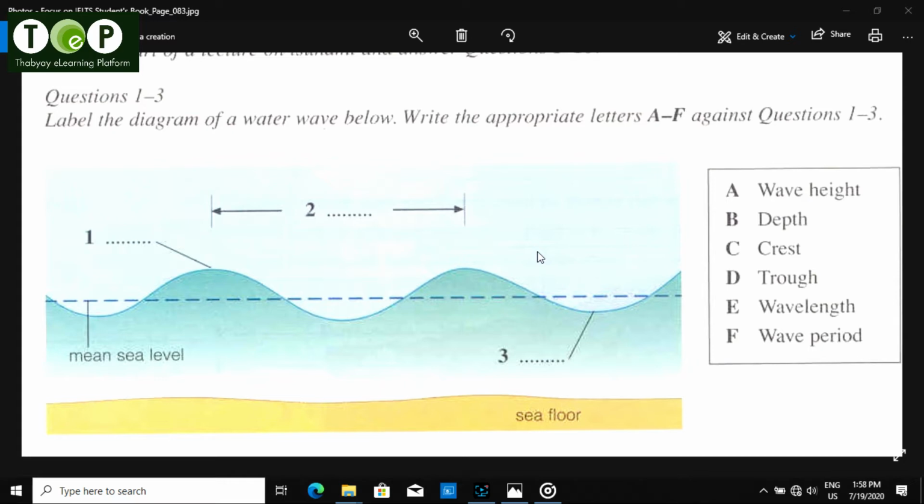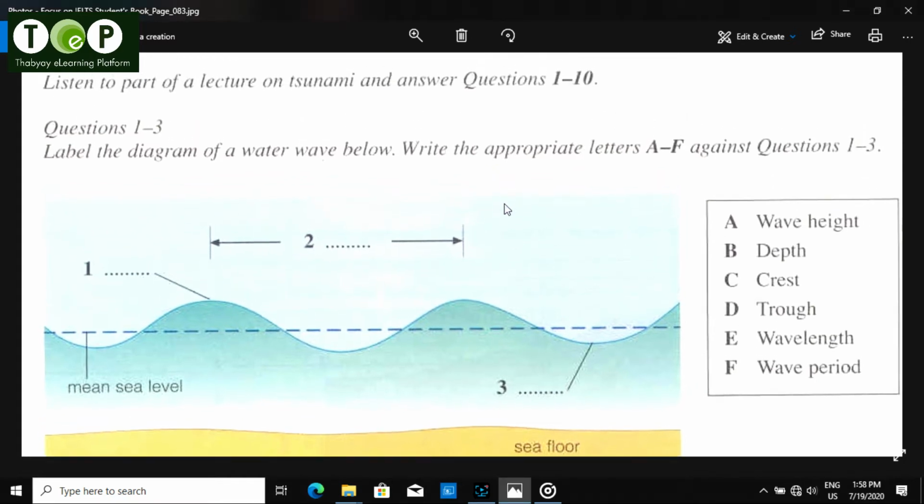First, you have some time to look at questions 1 to 3. Now listen carefully and label the diagram.